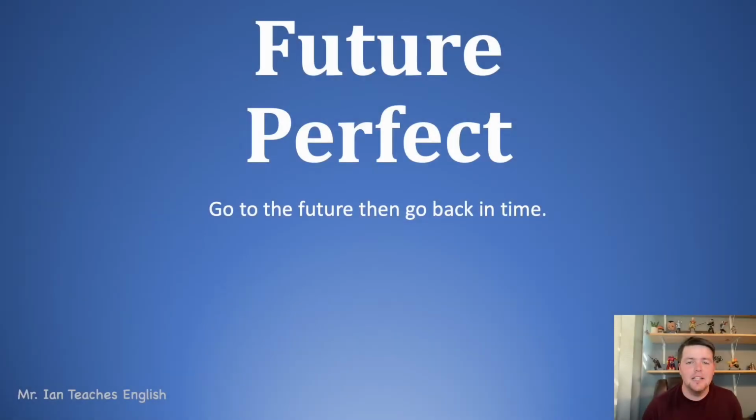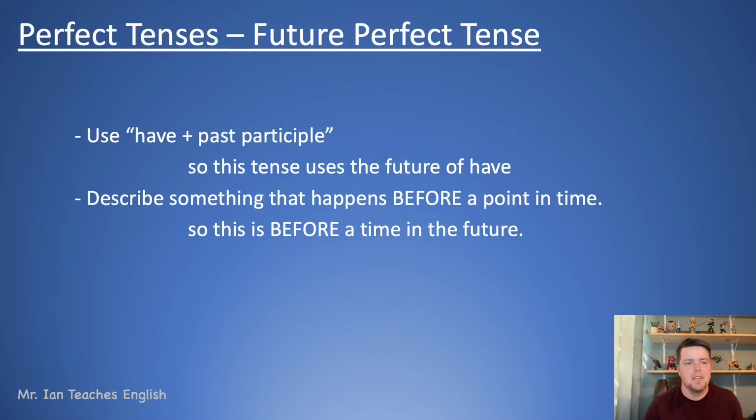All right, everybody, let's talk about the future perfect. Now, to talk about the future perfect, let's go back and review all of the perfect tenses. In all of the perfect tenses, we will use have and the past participle for all of them. So, the future perfect will use the future of have and the past participle.